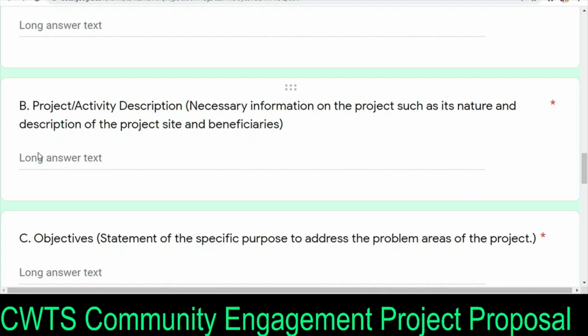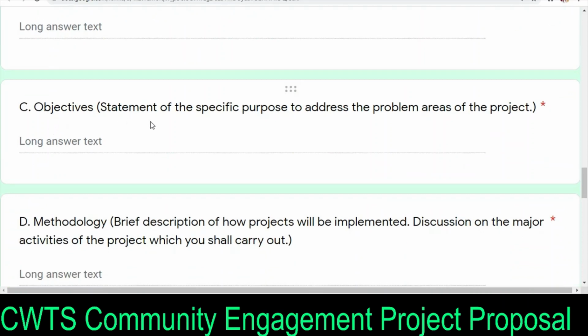Are they struggling? Are they non-readers? Or if it is for agriculture, what is the scenario? What is the project site? Do they have less supply of agriculture products? Something like that. Or if it is for environmental conservation, you are creating eco-bricks. Why? So describe.